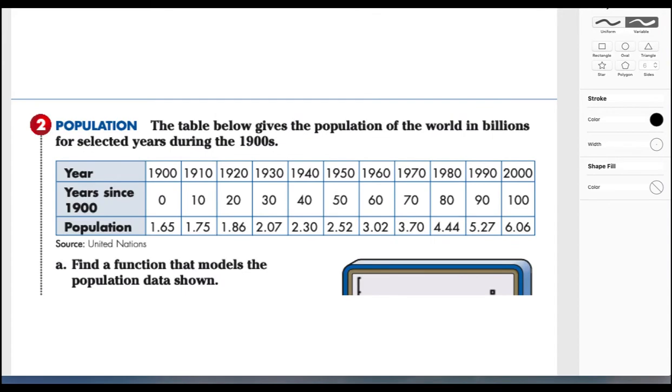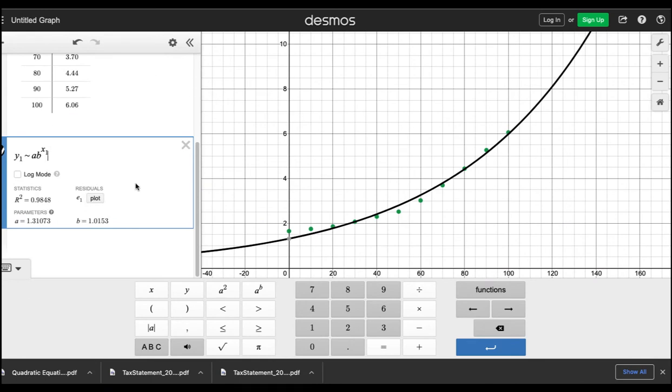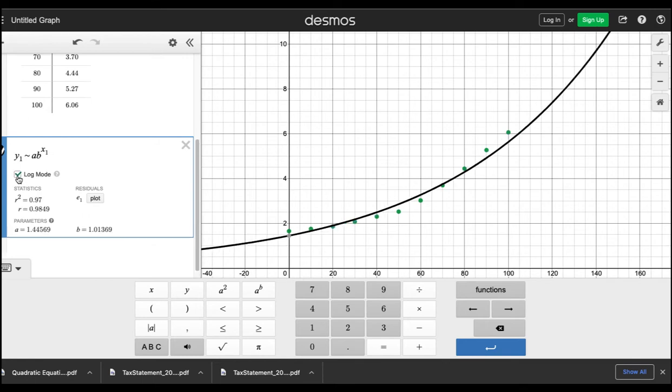Let me go back. Okay, so I'm looking at this and I'm thinking, oh, this doesn't actually fit as well. And so I see that Desmos has this thing called log mode. And when I click on that, that fit seems to curve a little bit better. I don't know. What's your impression? You guys can let me know what you think.